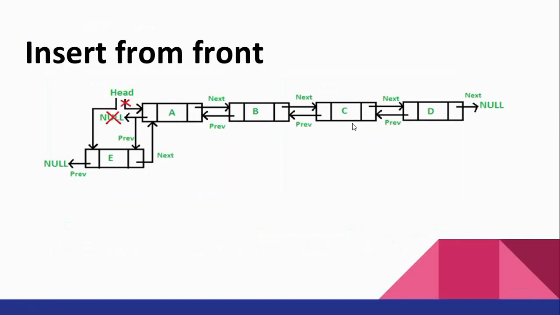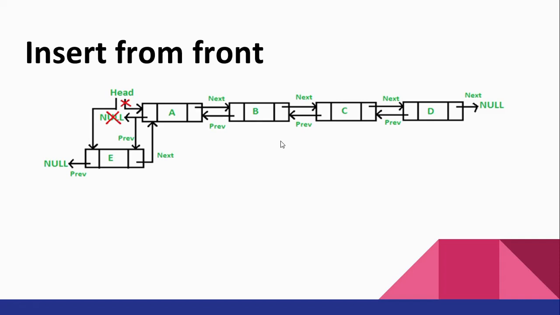Then, as with our normal linked list operations, here also we are able to perform insertion and deletion operations. Insertion means we are going to insert a new node into an already existing list.